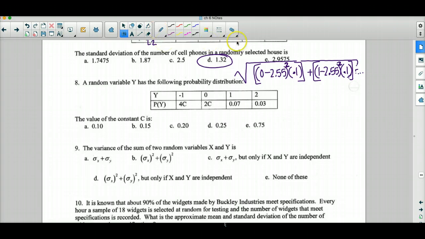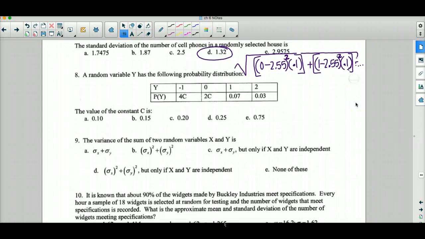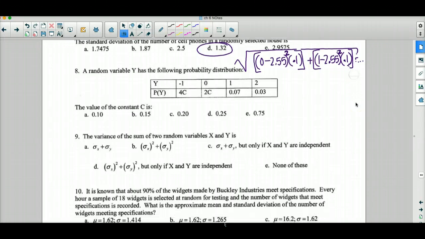Okay, so I won't mess up this next question at all. A random variable y has the following probability distribution. The value of c is, well, how do you know what it is? You know it has to equal what? 1. This has to equal 1.